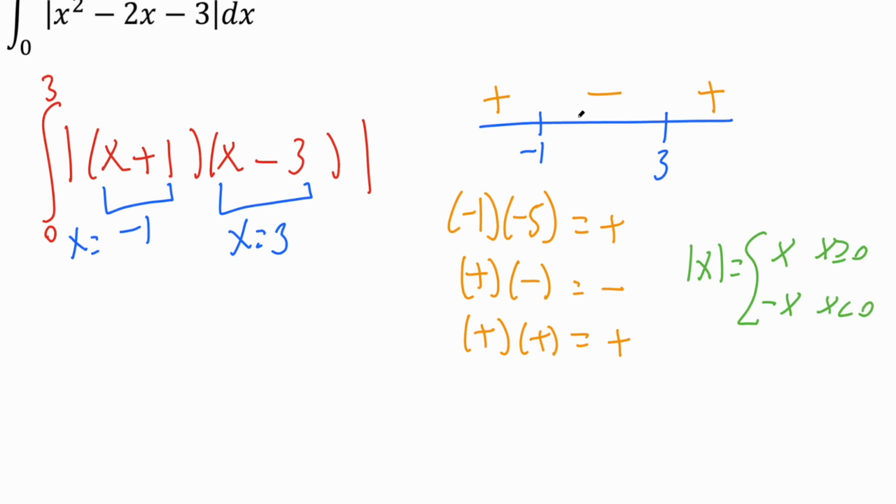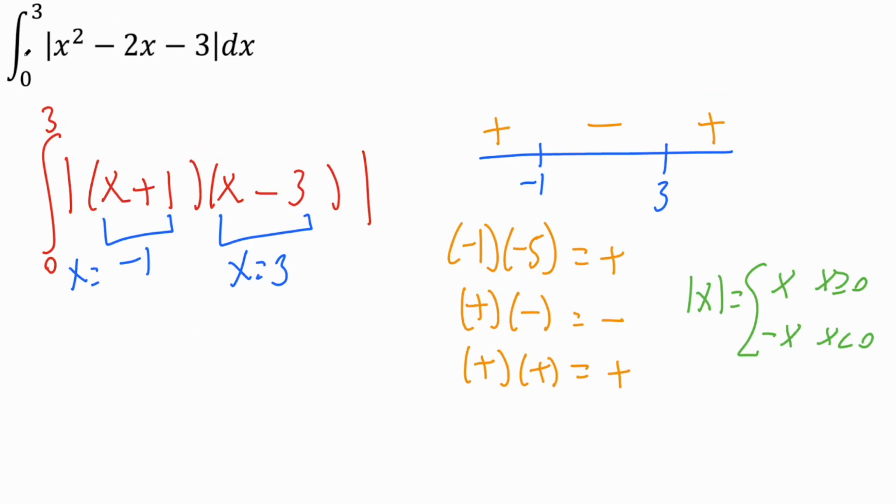So for us, we only have the negative piece. With that, we can rewrite this problem without the absolute value because we know how it behaves. So we have the integral from 0 to 3 of negative, parentheses, x squared minus 2x minus 3, close parentheses, dx.